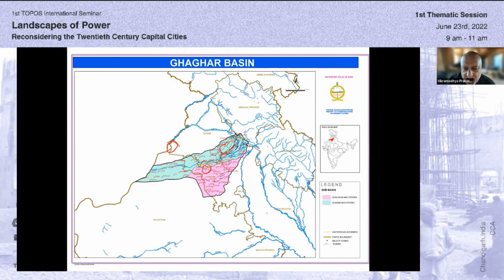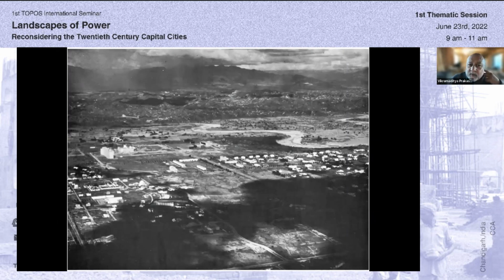I'm trying to approximate it there. And there is this Bhakra river system, which I show you in this old photograph of when Chandigarh was made. The capital is over here, and over here you see this river system, which goes past the capital.